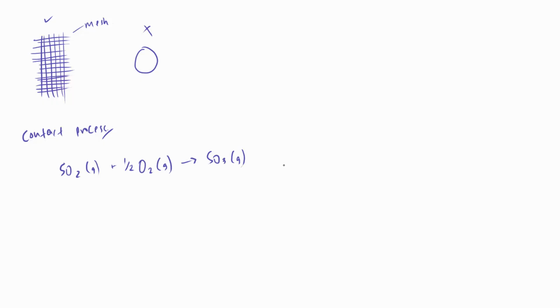For this we use a solid catalyst, so a heterogeneous catalyst, vanadium(V) oxide, because the oxidation state here is +5, and -2 for oxygen like normal. This is added as a solid.